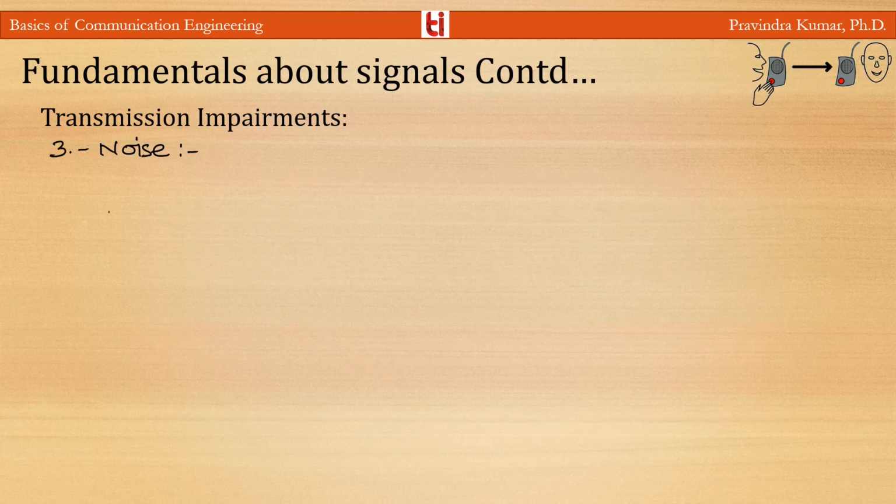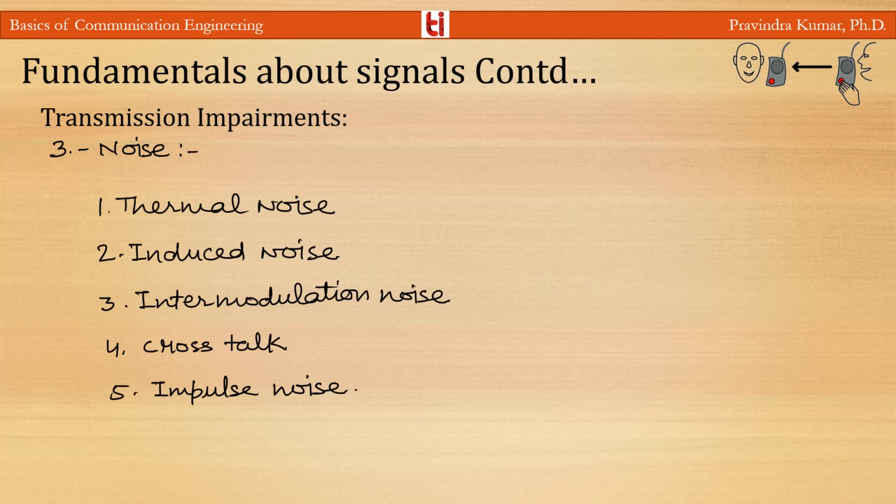Noise is another cause of impairment. So far we have neglected the effect of noise. There are several types of noises that may corrupt the signal: thermal noise, induced noise, intermodulation noise, crosstalk, and impulse noise.